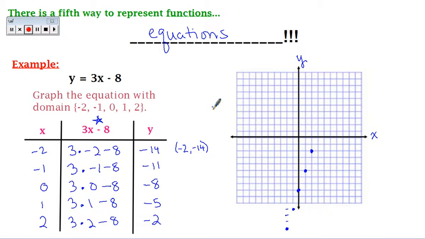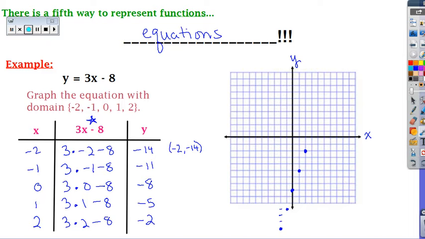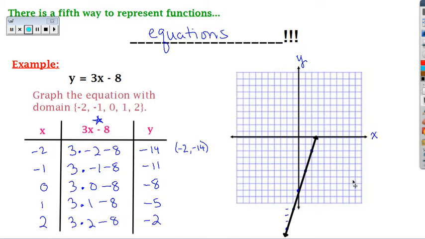So we need to represent this equation as being what's called a linear equation. The way we do that is we take a straight edge, so you guys can get a ruler or your agenda or another piece of paper or the calculator and use it as a straight edge to connect these 5 points. Connecting these 5 points forms a line, and that line represents the linear equation we were given.